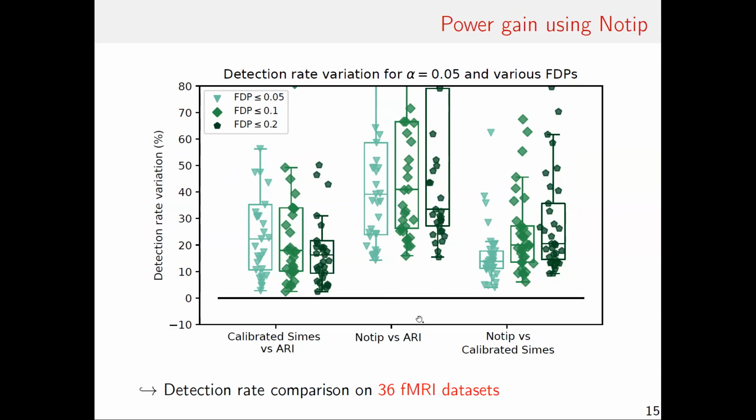But overall, you see here in the second group of box plots, where you are comparing Notip, which is fully non-parametric again, to ARI, which is parametric, you have a gain in terms of region size of around 40% across basically all settings that we've considered. Each dot is a real fMRI dataset, so you see that these gains hold across many different real fMRI datasets.